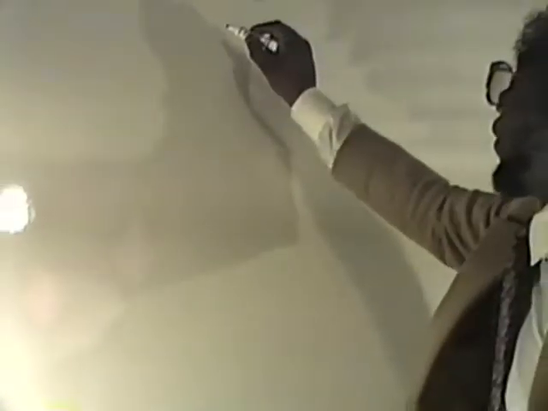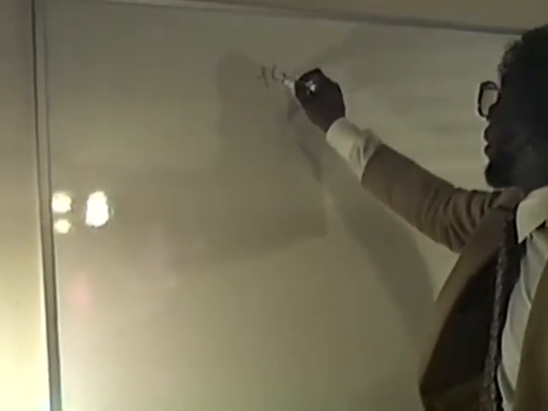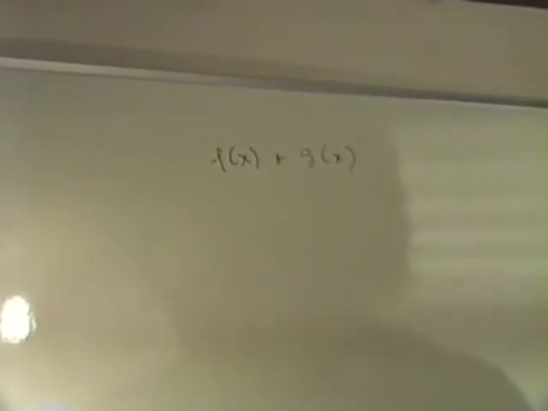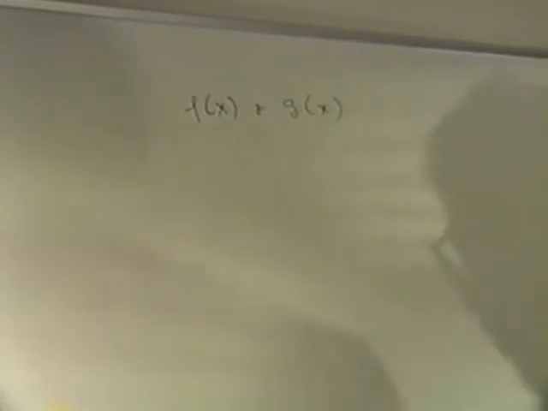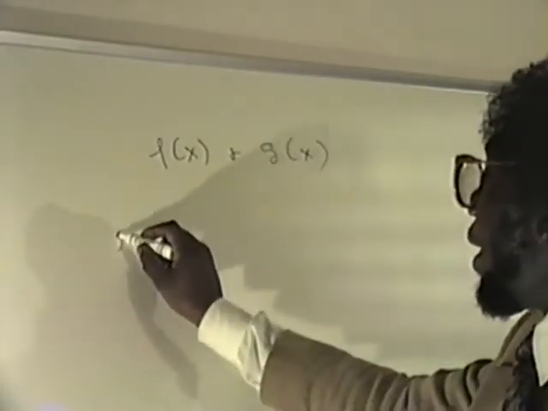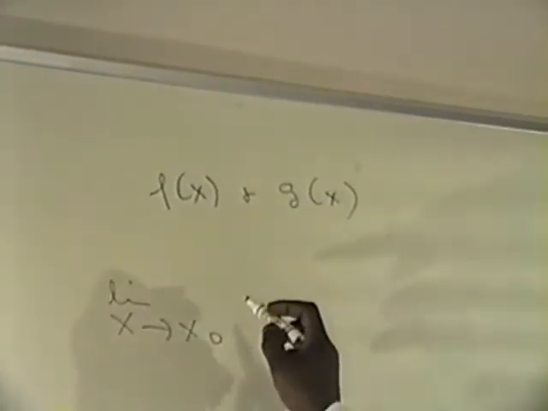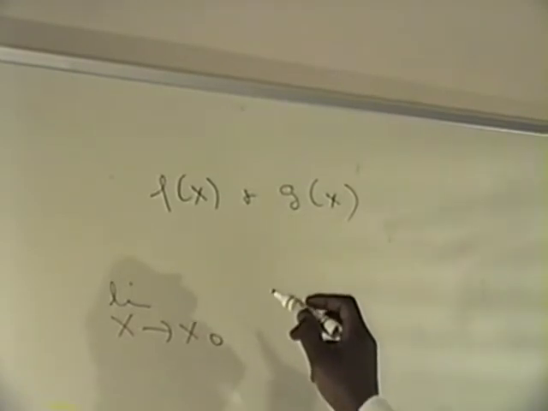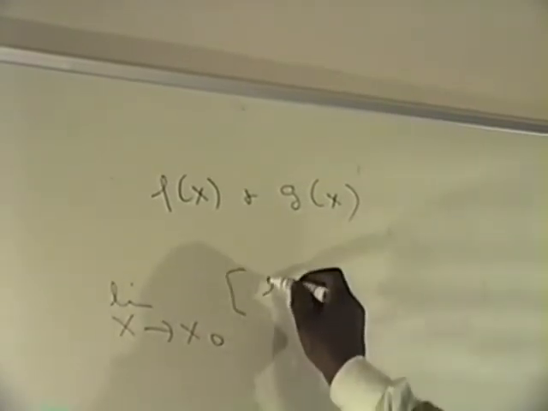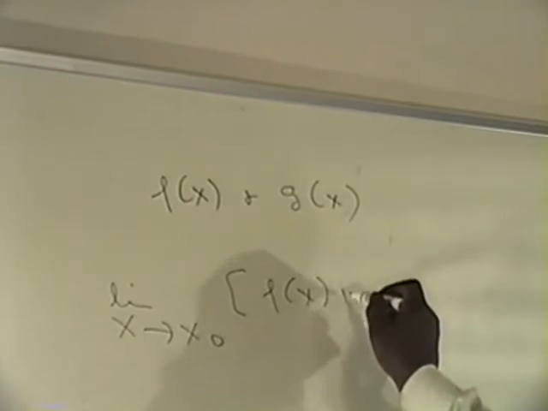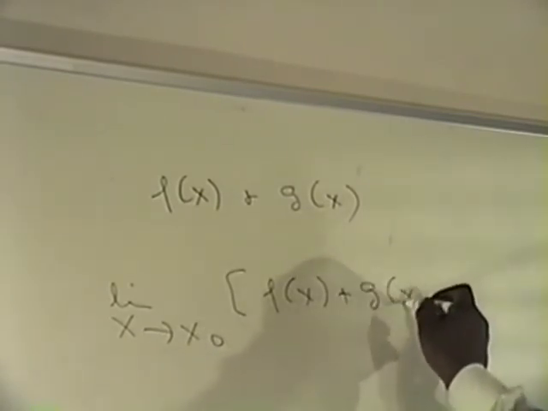Okay, suppose we have two functions, f of x and g of x, and we want to find the limit as x approaches x sub 0 of f of x plus g of x.